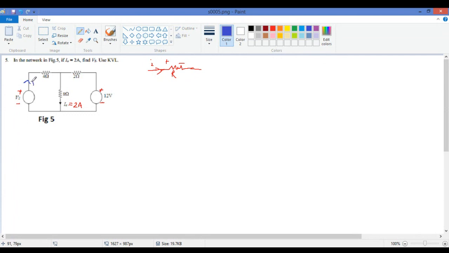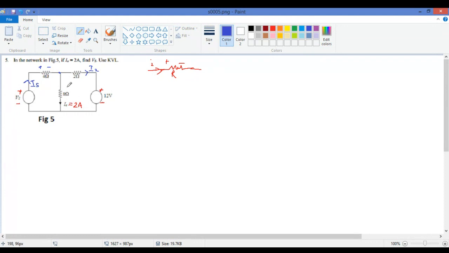The current flowing in this circuit is Is and voltage is Vs. You have a resistance, and the current goes from positive polarity to negative, so this is plus and this is minus. This Is comes here and again gets split into I naught and some other current, let us call it I2. So Is is divided into I2 and I naught.